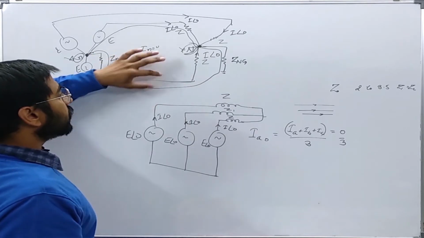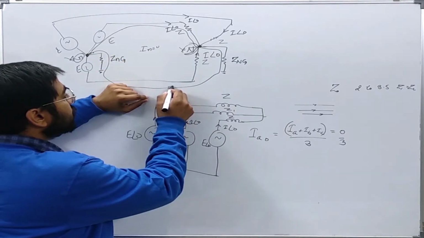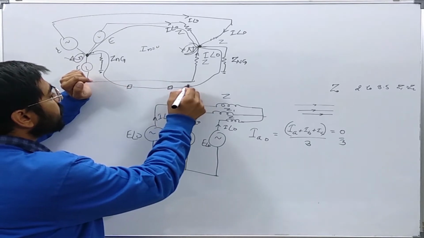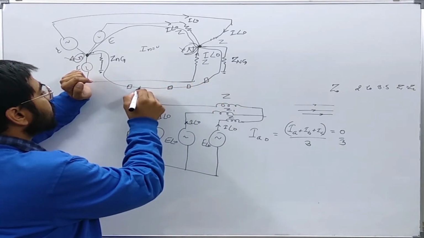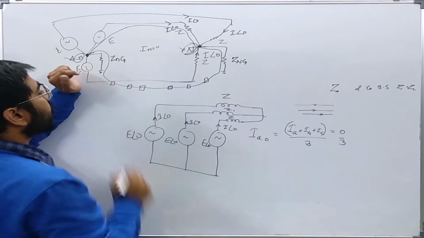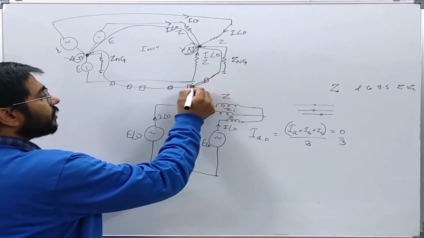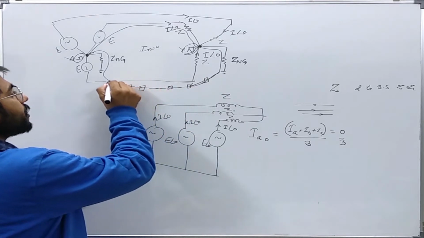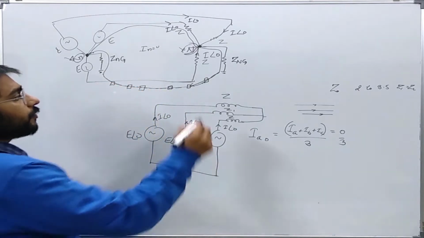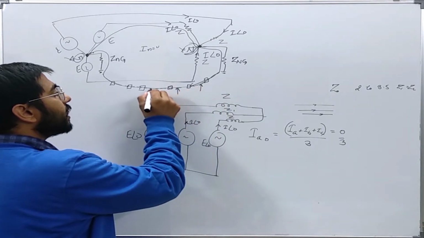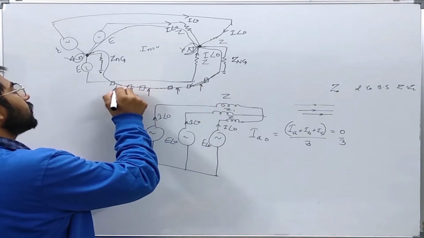So even if there is a small impedance of the ground, let us say it is distributed at various places, since ground impedance is actually distributed. So if there is a flow of current in the ground, then there will be a voltage drop across these distributed impedances. So the voltage at this point of the ground will be different, at this point of the ground will again be different, then this, and then this.